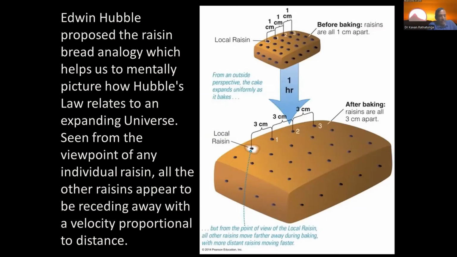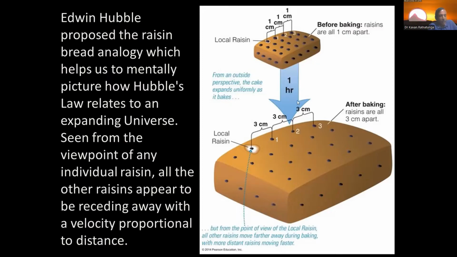And then somebody will come and say, what puts us at a special location that everything is moving away from us? No, we are just another galaxy in the universe. It is like the raisin bread analogy. If you have a raisin bread before it is baked and it rises, let's say all the plums were 1 centimeter away from each other, then after 1 hour of baking the plums are 3 centimeters away from each other, same loaf of bread, but bigger now by 3 times.